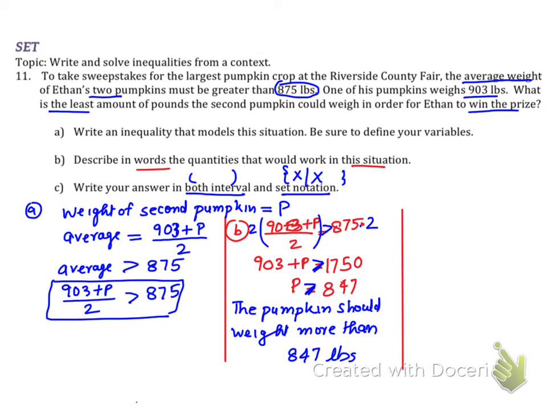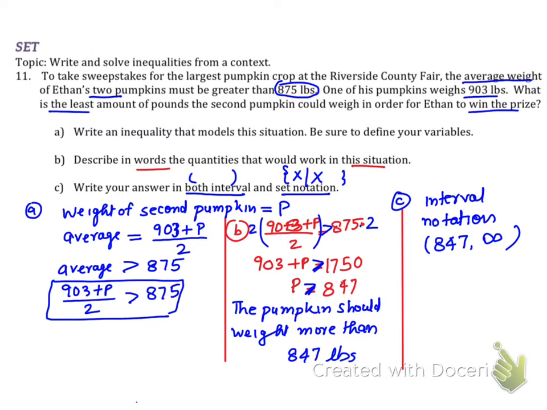Here it means the other pumpkin should be more than 847 pounds, or any value after that. So if I have to write down the interval notation, that's part C, it could be 847 pounds, and anything after that could be any size, so infinity.